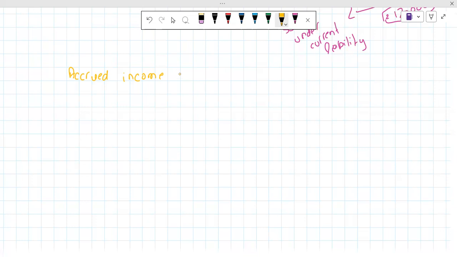That is why accrued income would be a current asset under the statement of financial position. It could be, for example, the commission of a commission agent. Okay. And the second one is pre-received income.